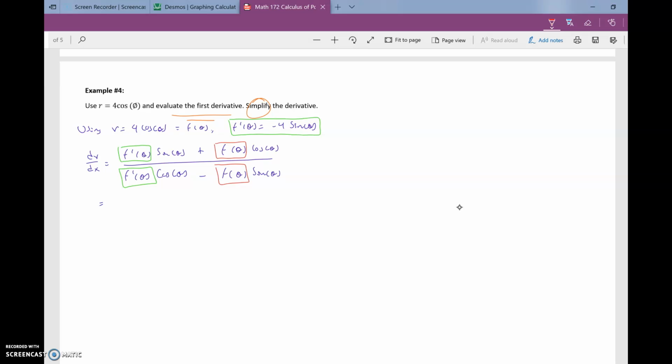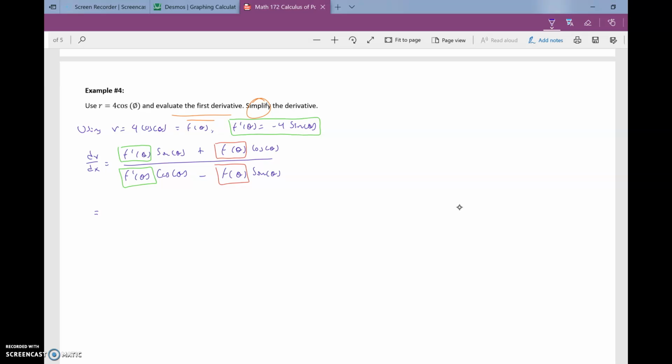So when we evaluate the function and the derivative, we make a mess. So if we were to do a problem where they're asking for the slope, I would just say evaluate and plug in the values, because it could be really messy to simplify. So let's take a look at this one.